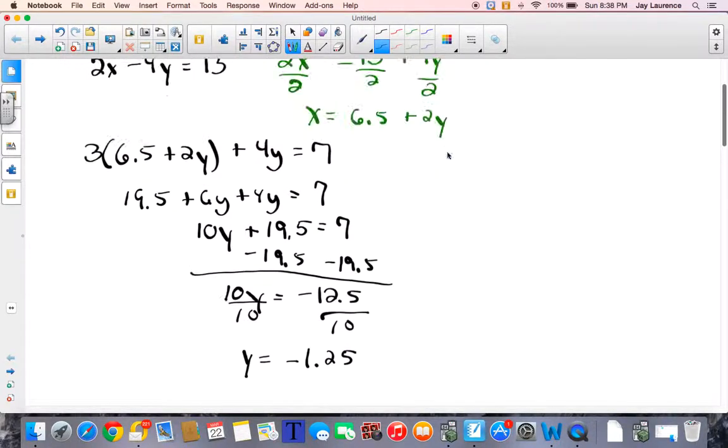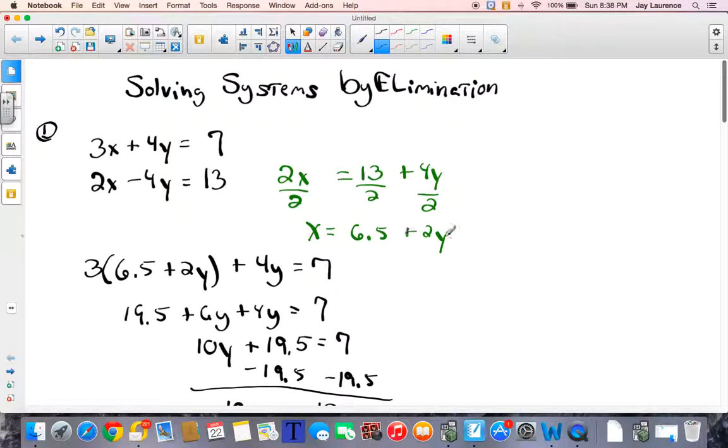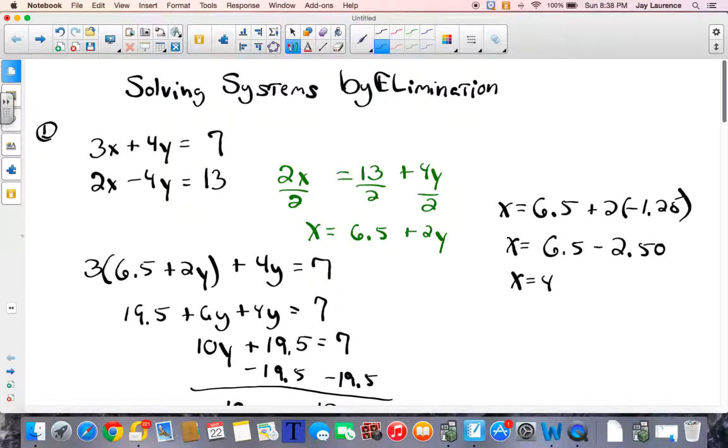Okay, then of course to find x, I can come up here and go x equals 6.5 plus 2 times negative 1 1/4. Okay, and then x would equal 6.5 minus 2.5. And I think that x is going to equal 4.